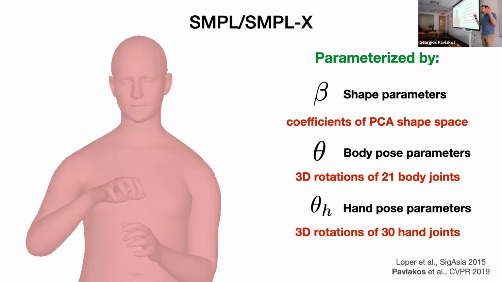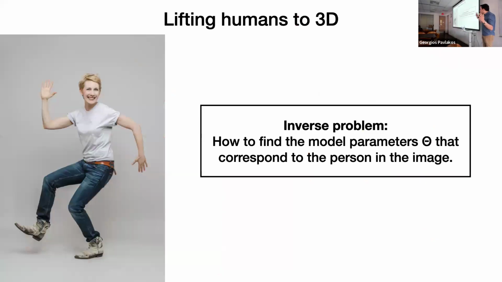In computer vision, we are interested in the inverse problem. The input is an image of a person, and we want to recover the 3D reconstruction of this person from that image, or equivalently recover the model parameters that correspond to the particular person we see in the image.